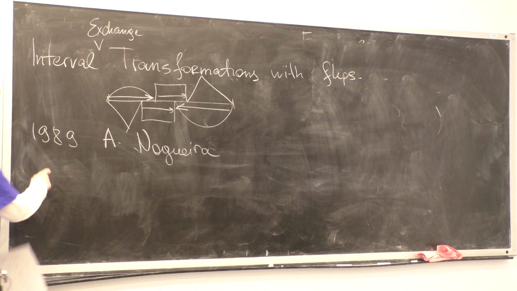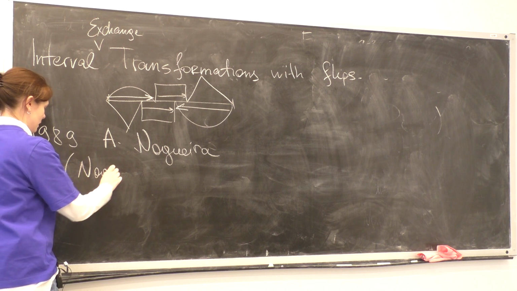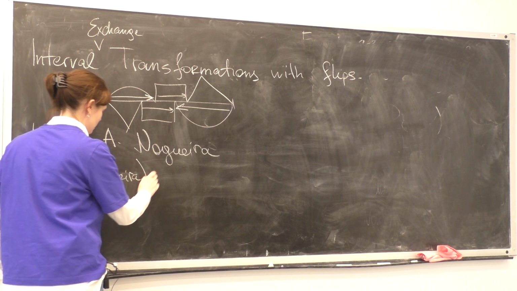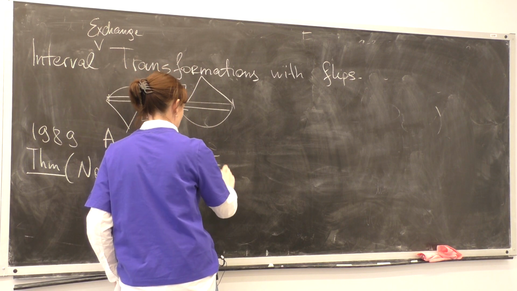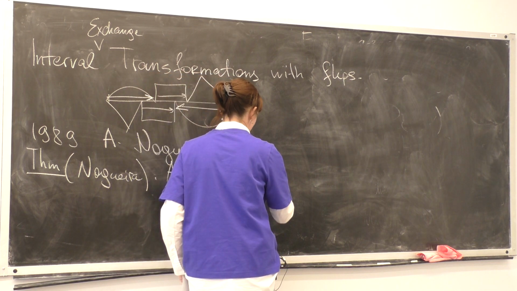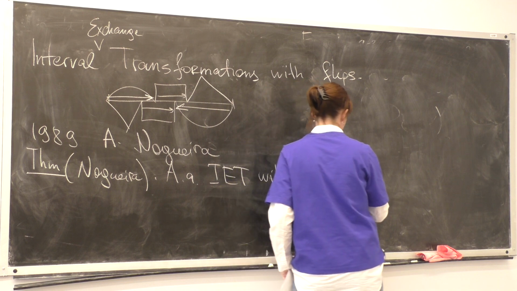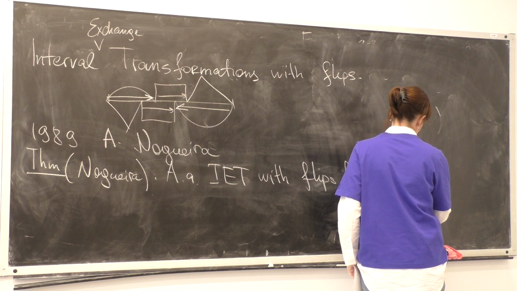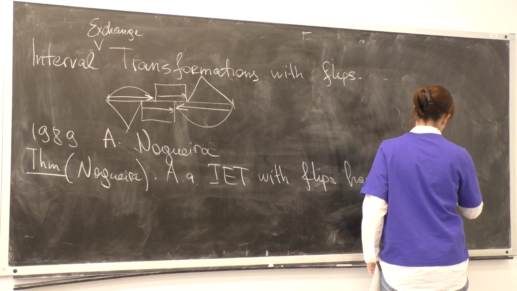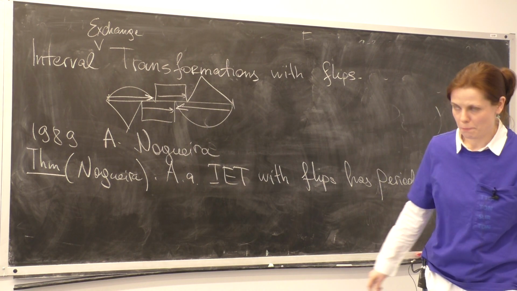So what Arnaldo proved is that a typical interval exchange transformation with flip has periodic points. It is not minimal, and you can have this even if there is only one flip.